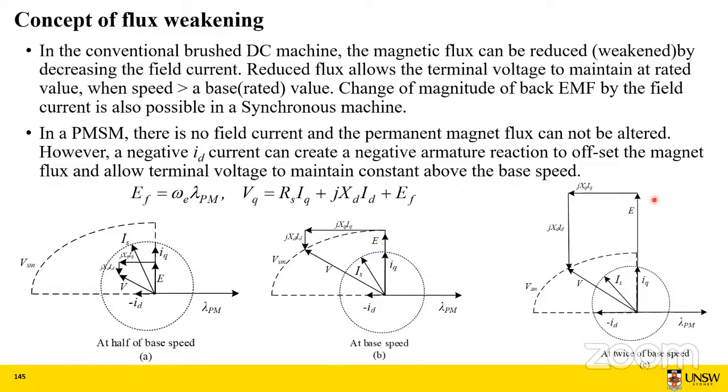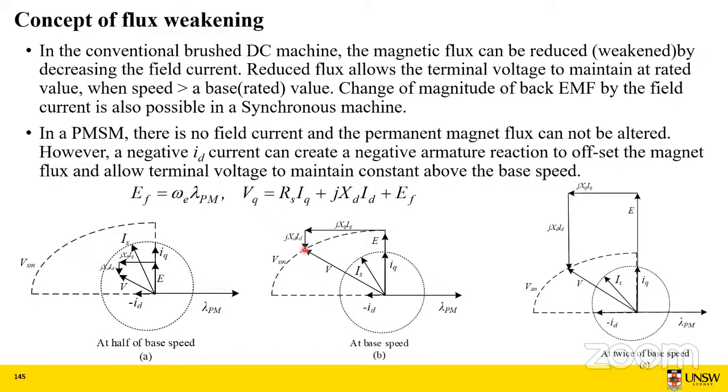And your voltage equation, or the voltage phasor, if you remember, is the combination of your EMF and reactive drops, which is your terminal voltage. But as the E grows, your voltage phasor will start to grow, right?